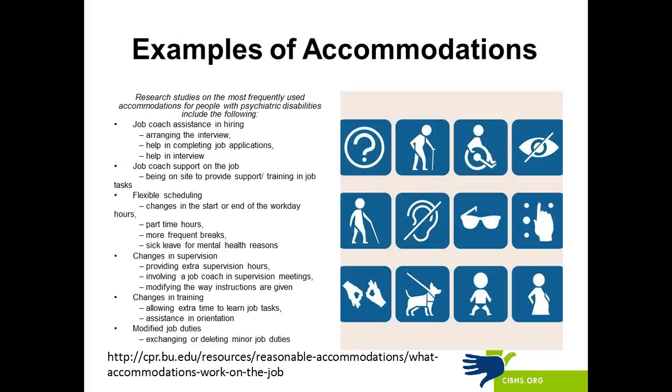Changes in supervision can be another type of accommodation, so providing maybe extra supervision hours at first if that's what's requested, involving a job coach in the supervision meetings if a person comes with a job coach to work. Modifying the way instructions are given, so sometimes a person might have processing struggles if they're given auditory instructions.